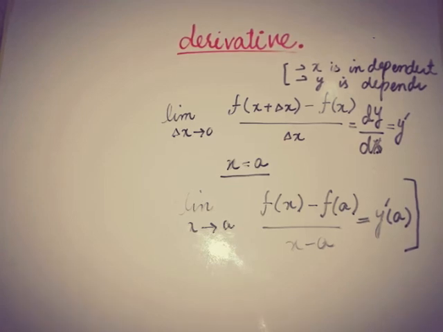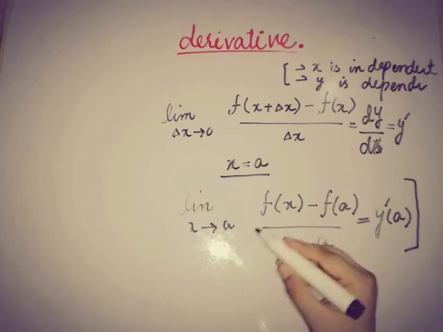Now we're talking about how we can find the derivative of a function, because there are a variety of functions that we are dealing with: polynomial functions, trigonometric functions, implicit functions, hyperbolic functions, inverse functions, and so on. There are basically two ways to find the derivative of any function.